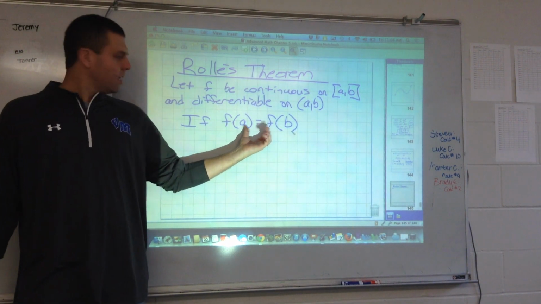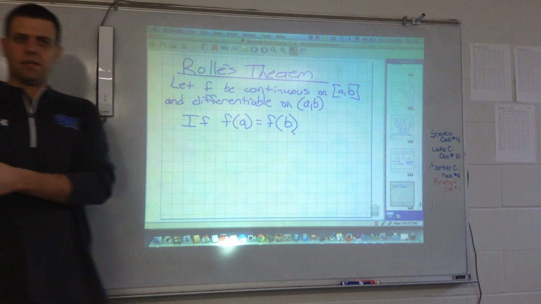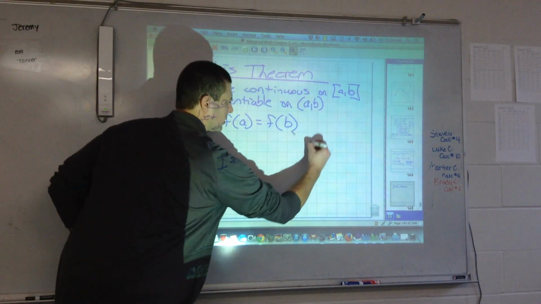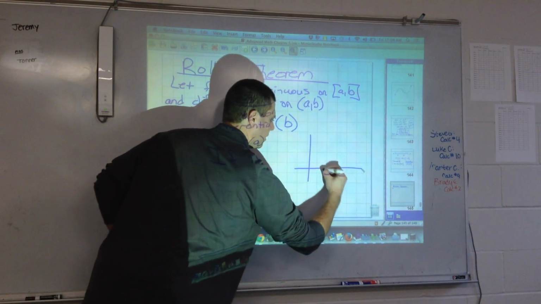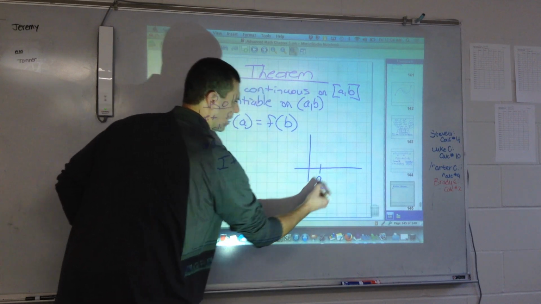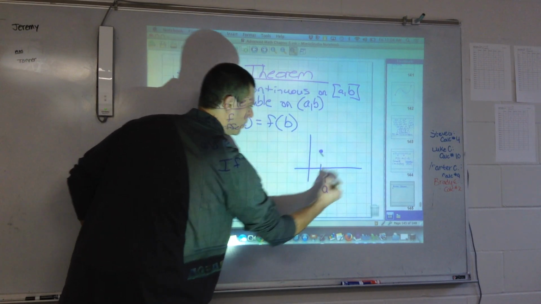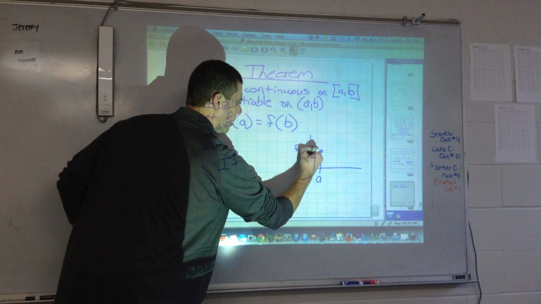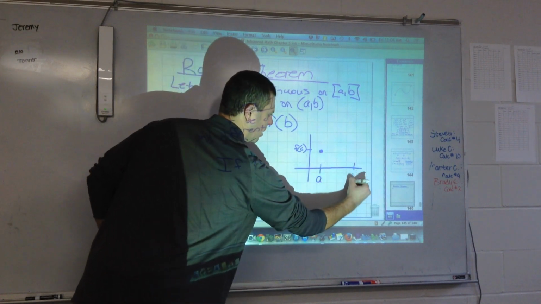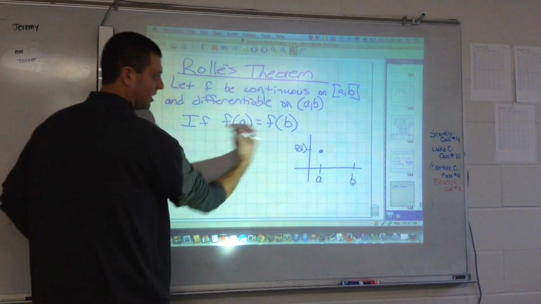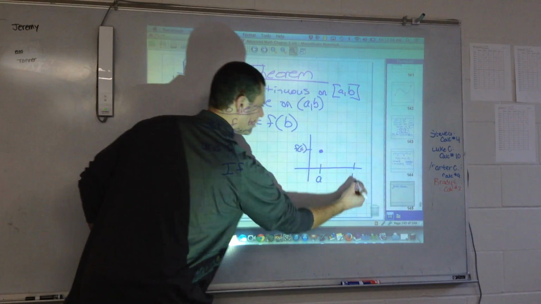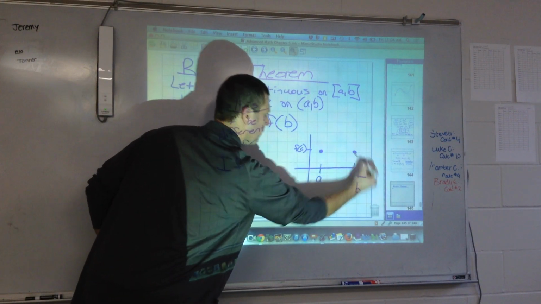If f of a equals f of b, so here's kind of that general idea then. Here's my a value, so we'll call this f of a right there, and then here's my b value. It says they got to be equal, in other words they'd have the same y value.